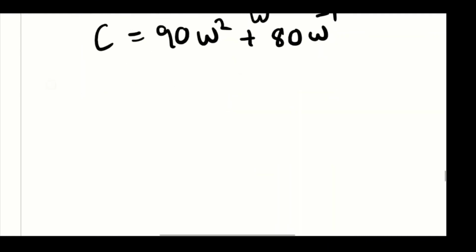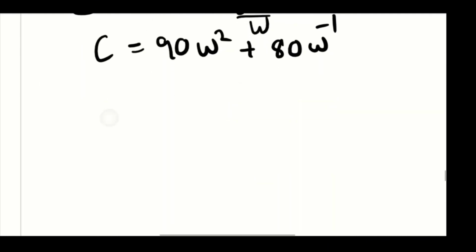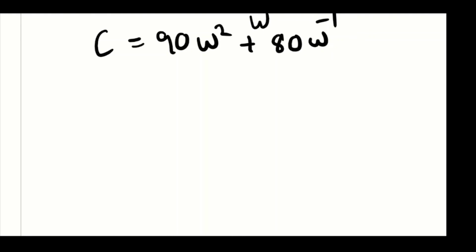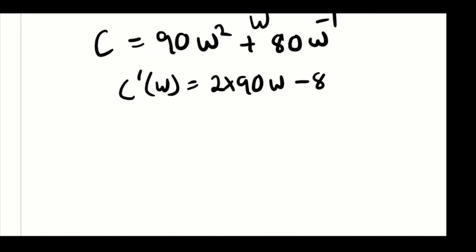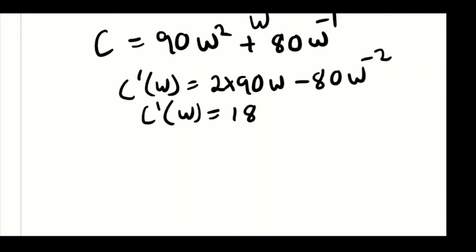So the first thing you're going to do now is derive, because we want to find W, that's the whole point. We derive, and they told us about minimum. It's going to be 2 times 90W minus 80W to the power of minus 2, so C prime of W is equal to 180W minus 80W to the power of minus 2.